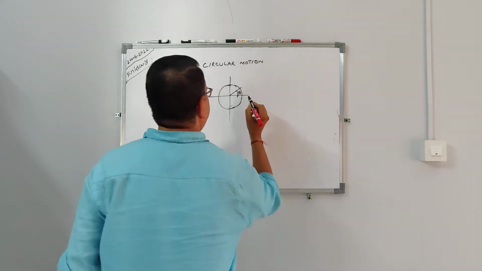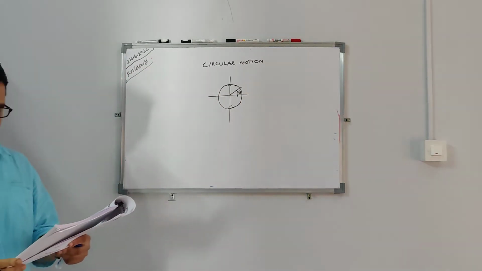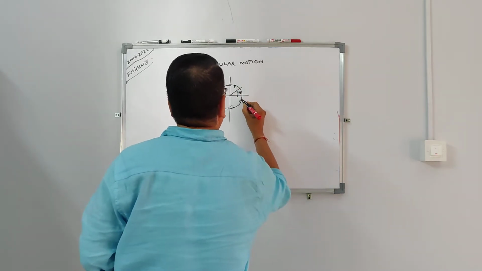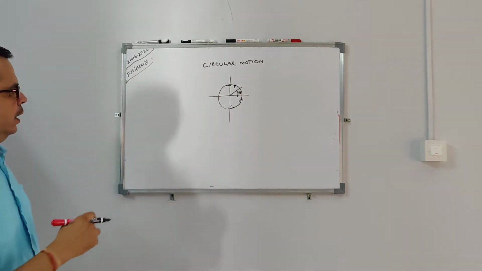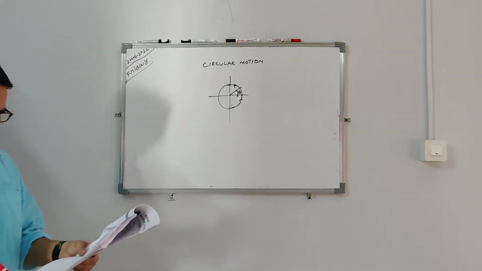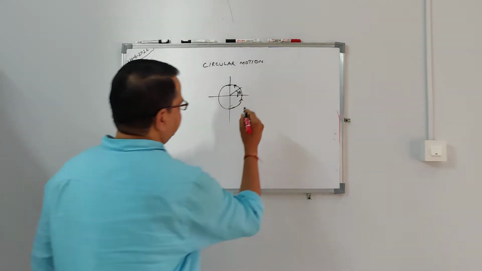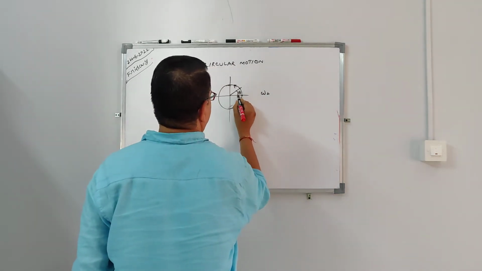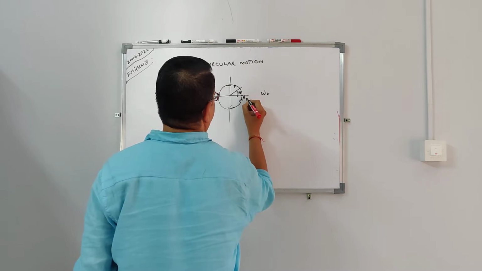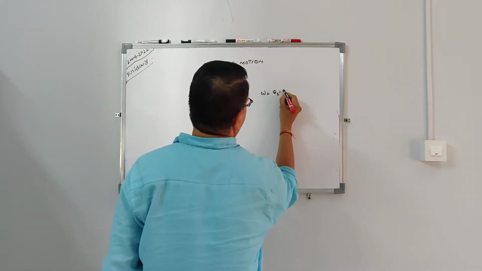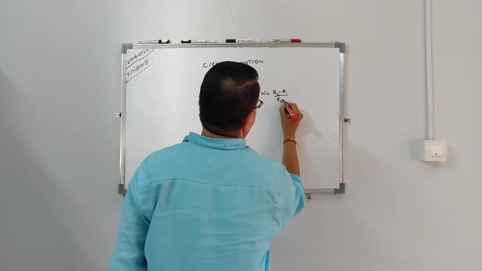So if a point is moving in circular motion and it covers angle theta, going from this point to this point, then we write angular velocity as follows: the initial angle is theta 1, the final angle is theta 2, so theta 2 minus theta 1 divided by t2 minus t1.